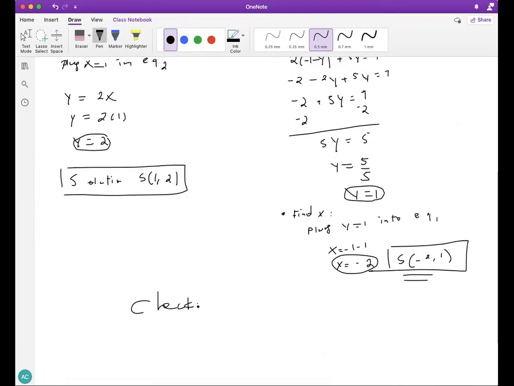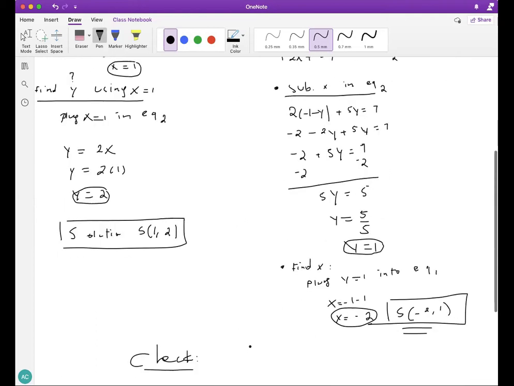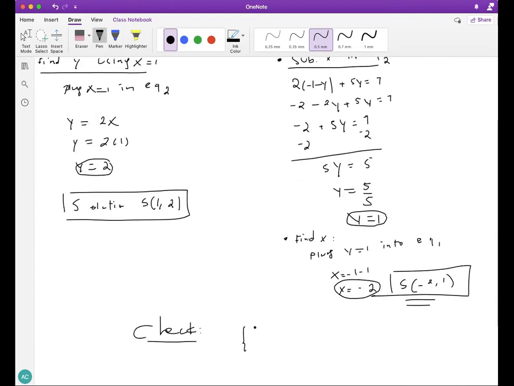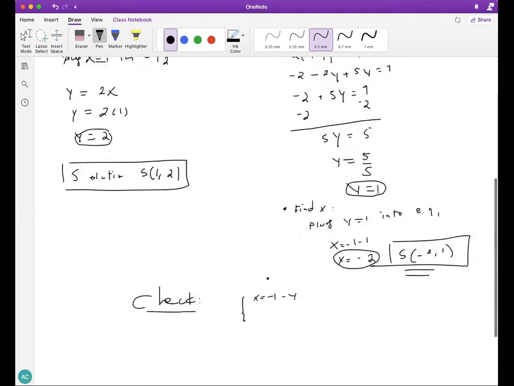As we saw in a previous lecture, in order to find out whether a pair is a solution to a system, we need to plug that pair in both equations, and it has to work for both in order to be a solution. If it doesn't work for both equations, then it's not a solution. So that's our system again here. Let's write it down again. So we have x equals -1 minus y, and we have 2x plus 5y.